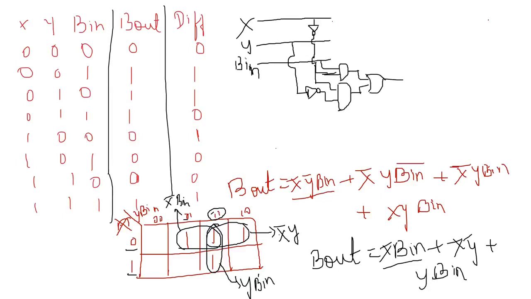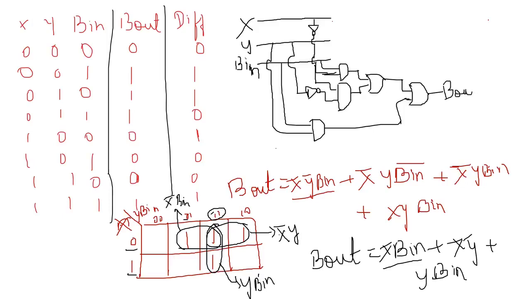Then we have Y B in, AND gate. Okay, so take this output, combine it with this output, apply OR gate, and the output is borrow out. This is the circuit for borrow out.